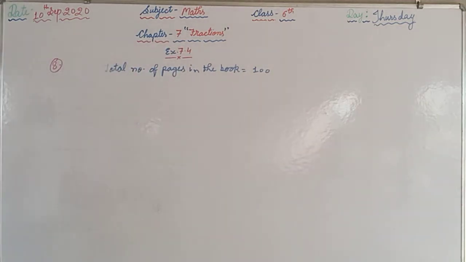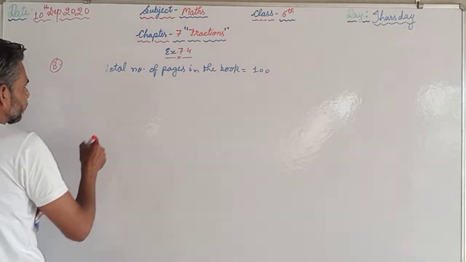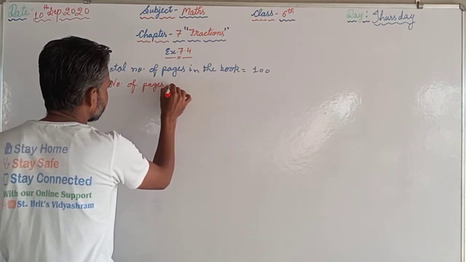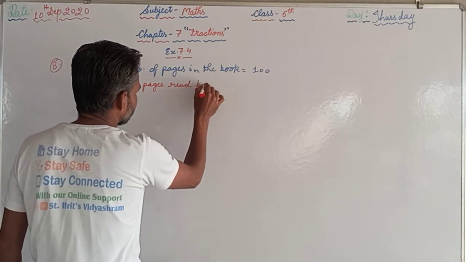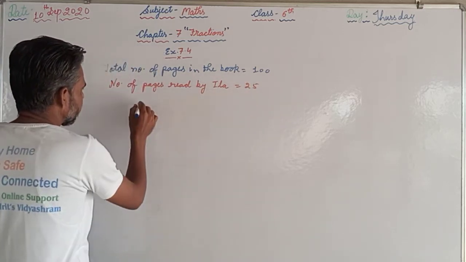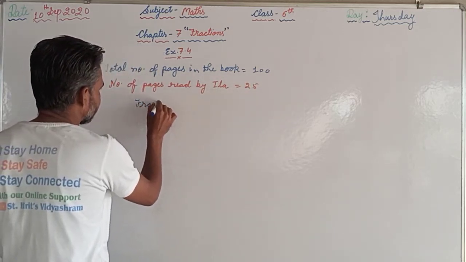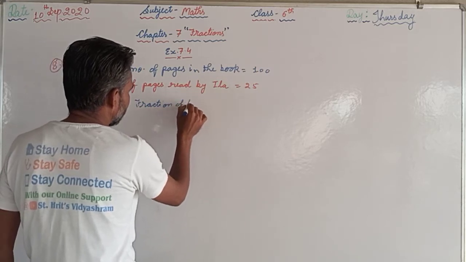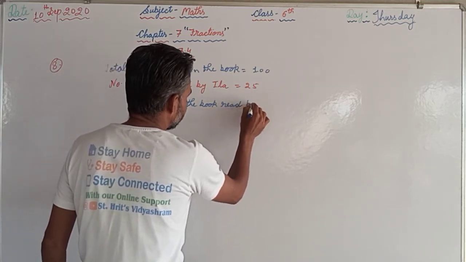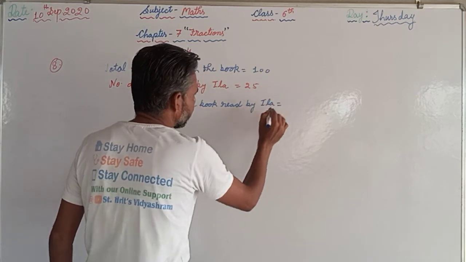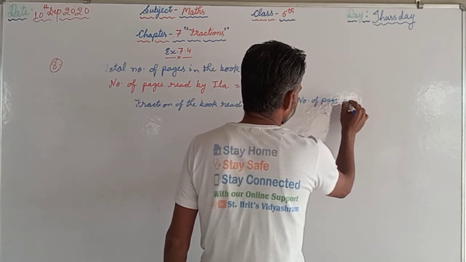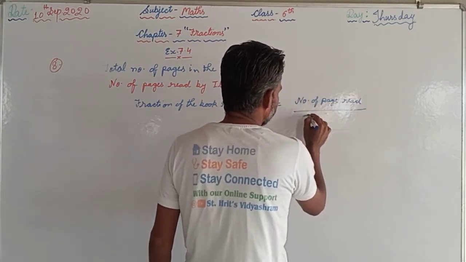Number of pages read by Ela. The fraction of the book read by Ela will be number of pages read upon total number of pages.